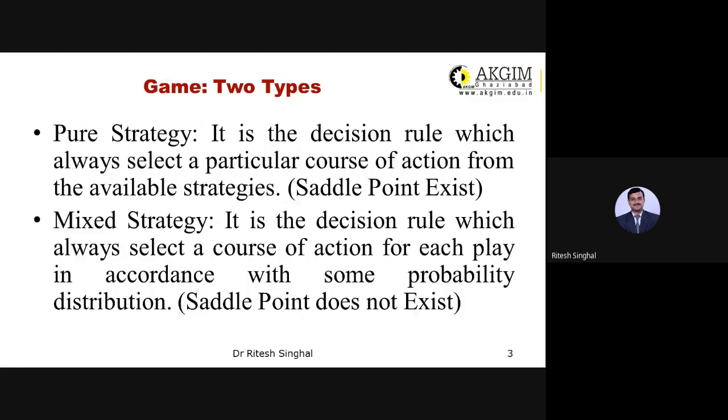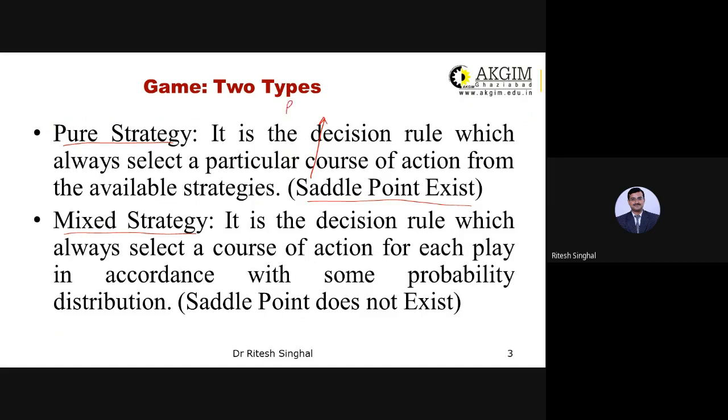So we have two types of game basically. Number one, the game related to pure strategy, and the game related to mixed strategy. The first and foremost identification of a pure strategy game is that a saddle point exists. We have done these questions in previous videos where a saddle point exists. What is a saddle point?